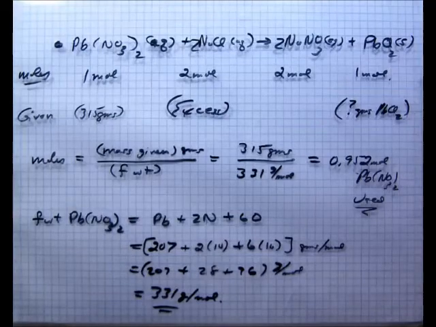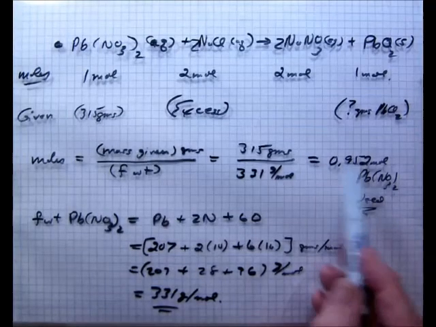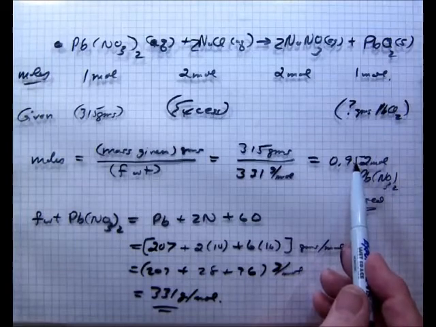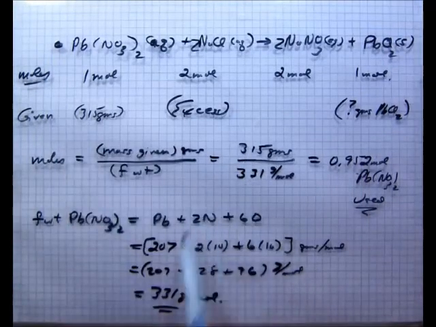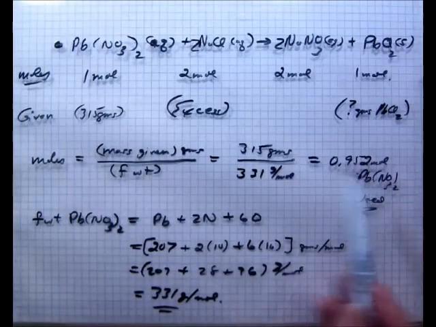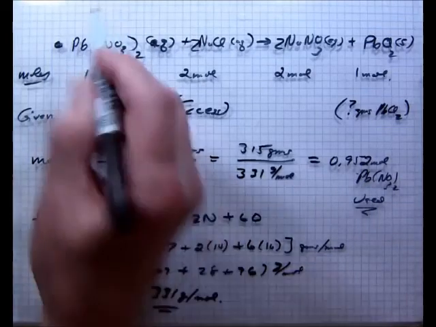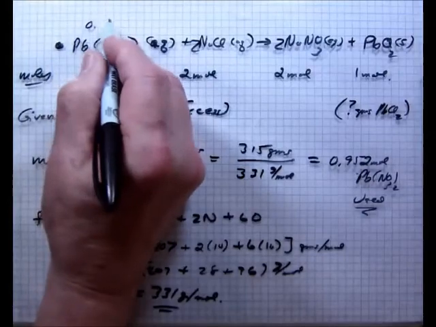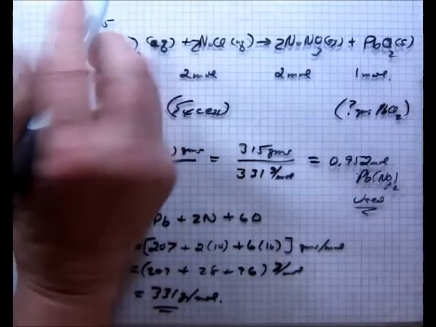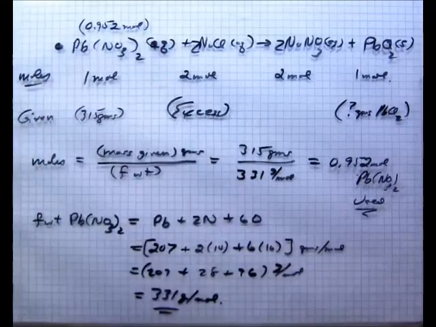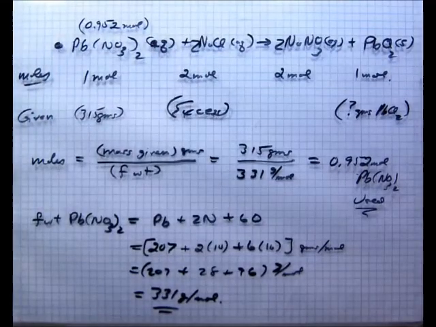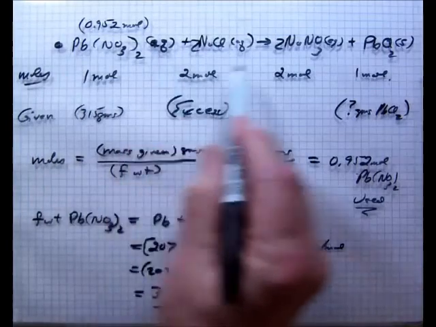Okay? So having that, and everybody know how we got here. Okay? Mass given divided by formula weight gives us the moles used. 0.952 mole here. Well, look at the equation that's balanced.